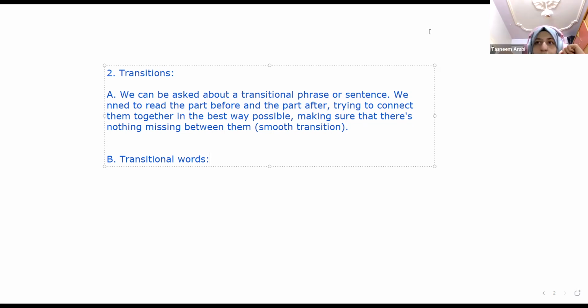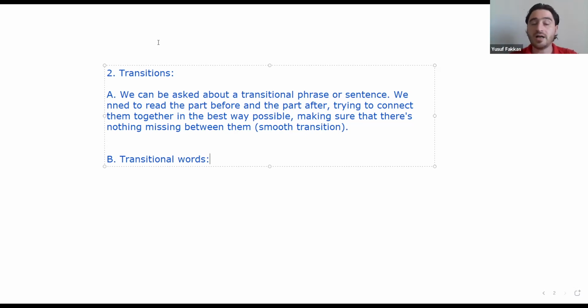We have therefore, as a result, consequently, so, because, and so on. If it's contrast, of course, we have however, on the other hand, yet, but, etc. If we have addition, we can use words like moreover, also, plus, and so on.